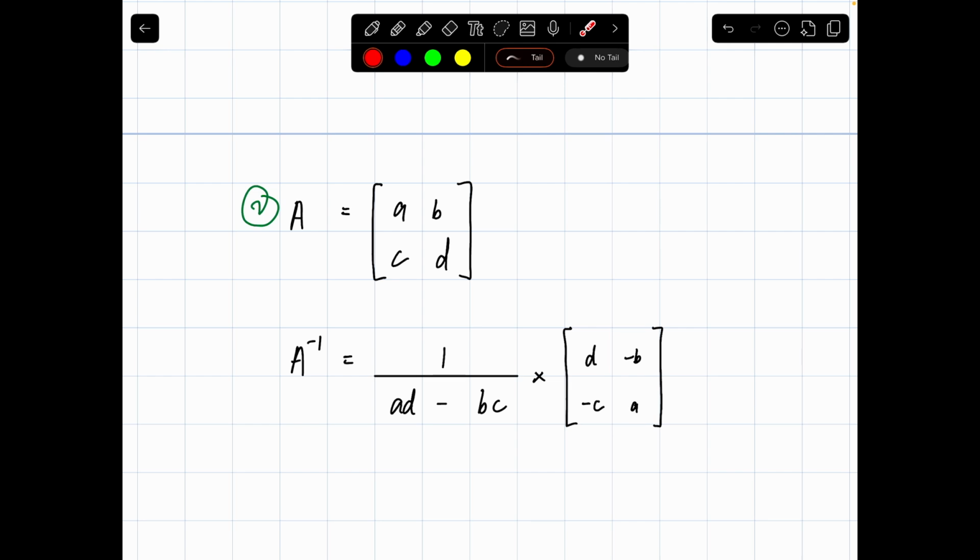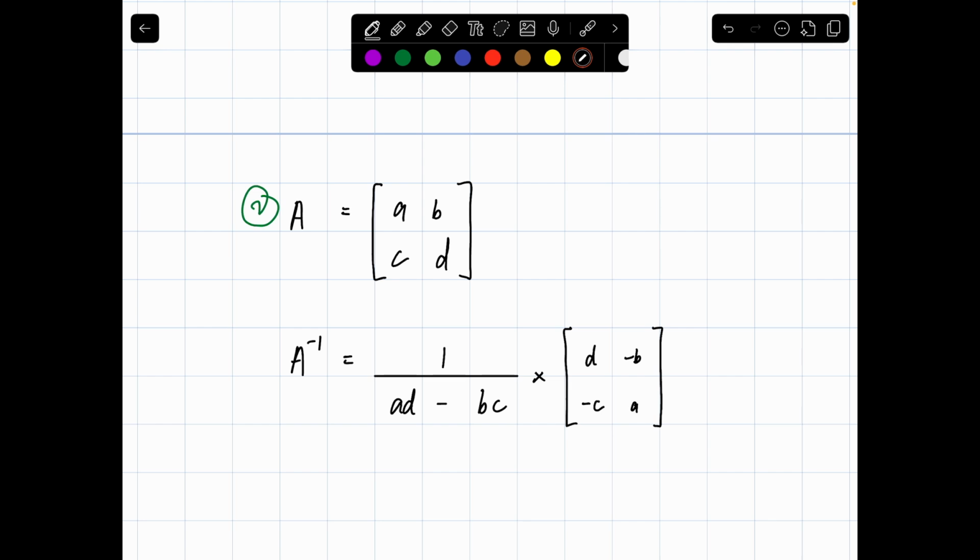A and D switch places, and both C and B become the negative form of themselves. So if they are initially -3, they become 3. And if they are initially +2, they become -2. Just flip the signs.